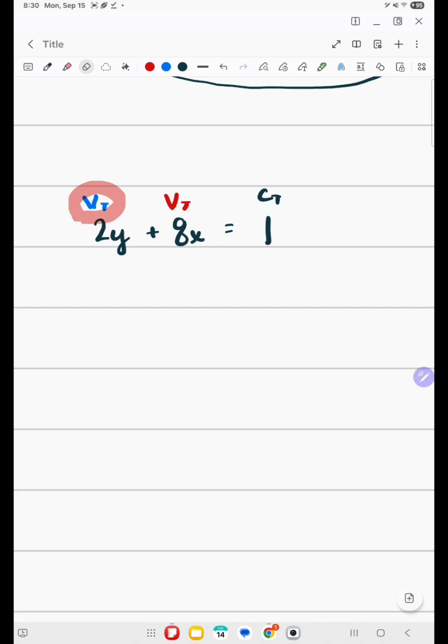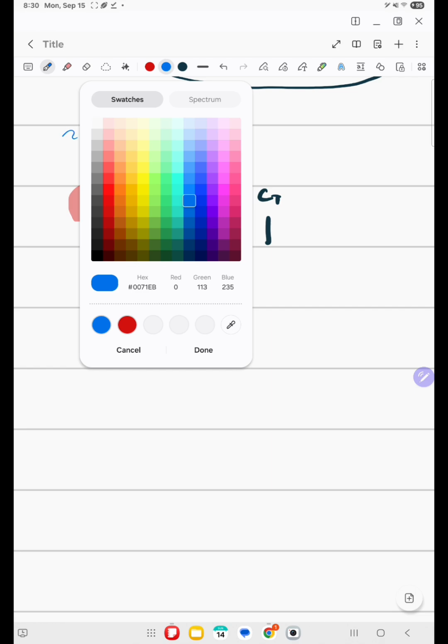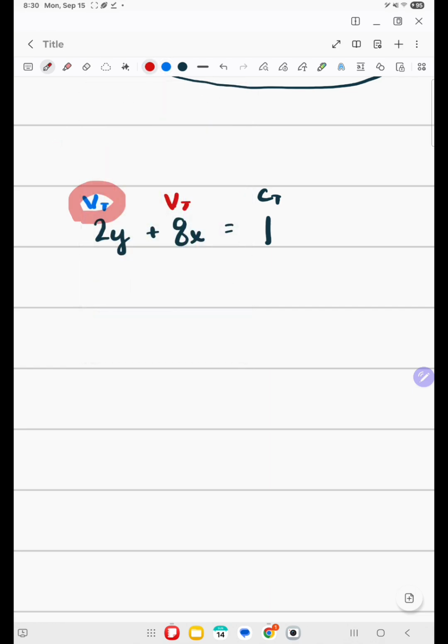All right, let's do it. We have to move the 8x. We need the opposite of 8x, which is negative 8x. Whatever you do to one side, you do to the other side. Because we cannot combine the like terms, we didn't put those under each other.